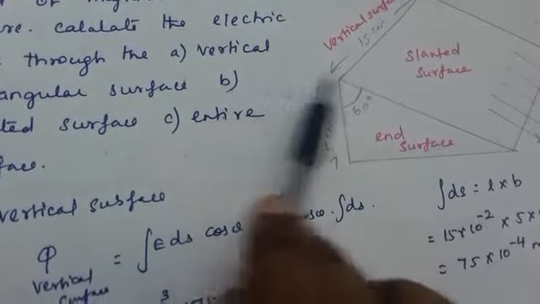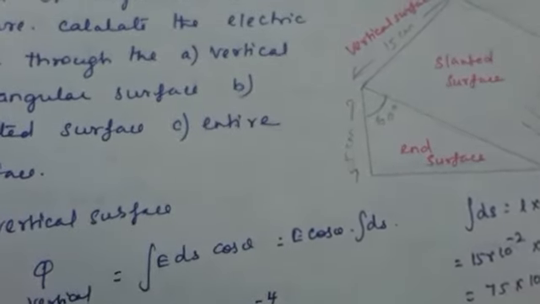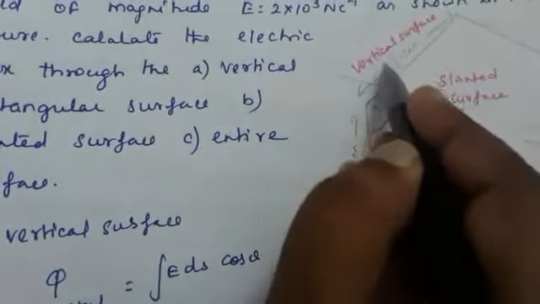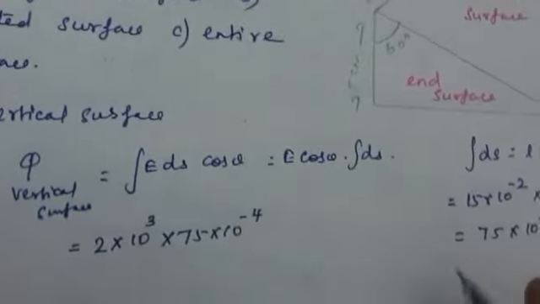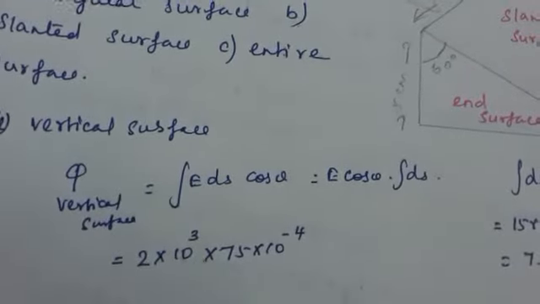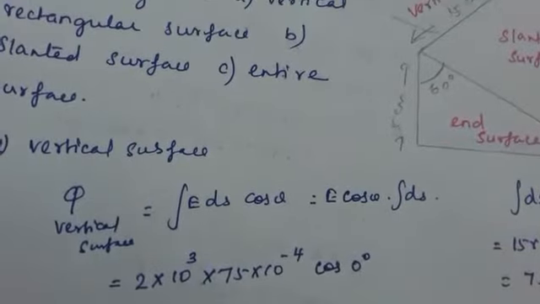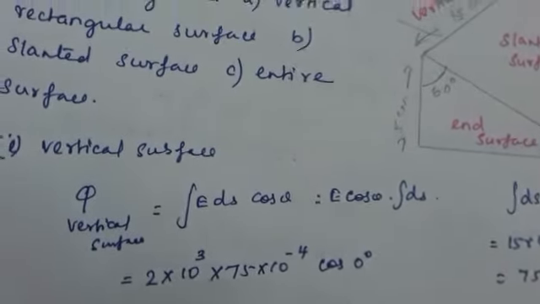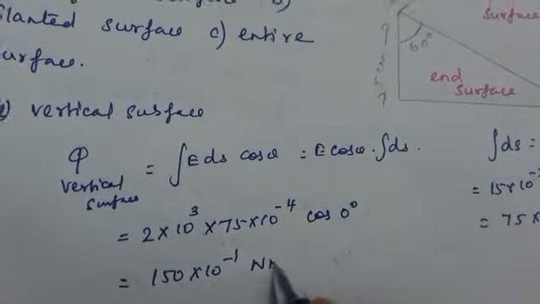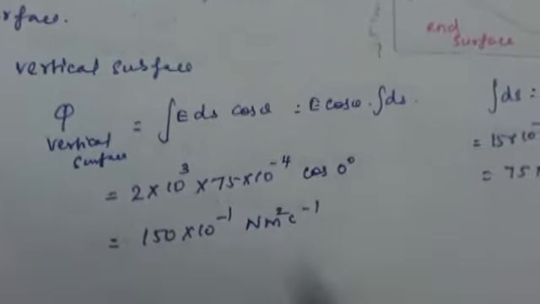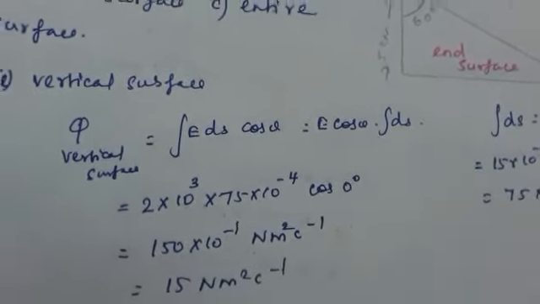The field lines are entering here, so these are parallel and theta is equal to 0 degree, so cos 0 degree is 1. So what will you get here? 150 × 10^-1 N m squared per coulomb, that is 15 N m squared per coulomb.